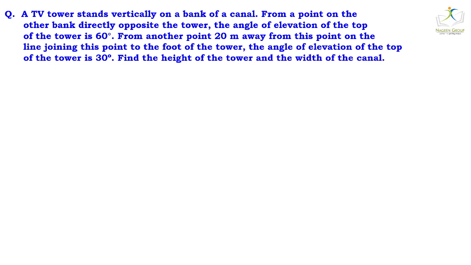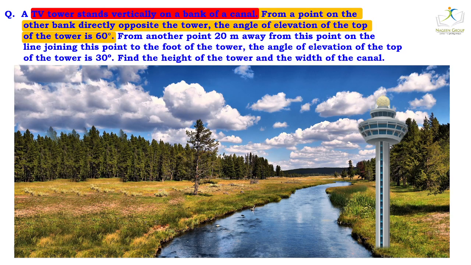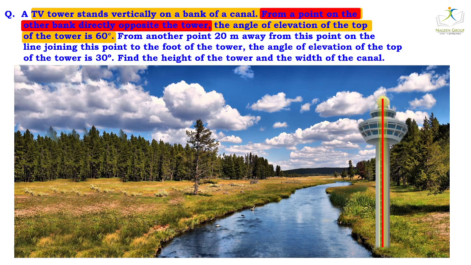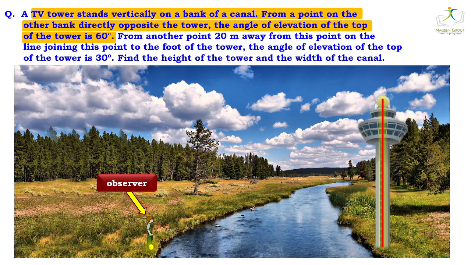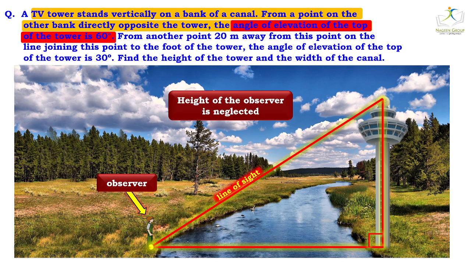Now we have the next question. A TV tower stands vertically on a bank of a canal. From a point on the other bank directly opposite to the tower, the angle of elevation of the top of the tower is 60 degrees.